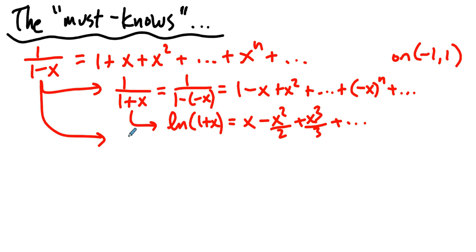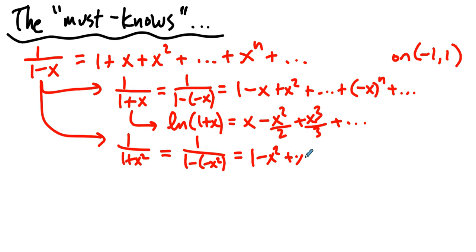This also lets us know what 1 over 1 plus x squared is, because that's 1 over 1 minus negative x squared, and that's 1 minus x squared plus x to the fourth minus dot, dot, dot. The generic term is negative x squared to the n, and it goes on.